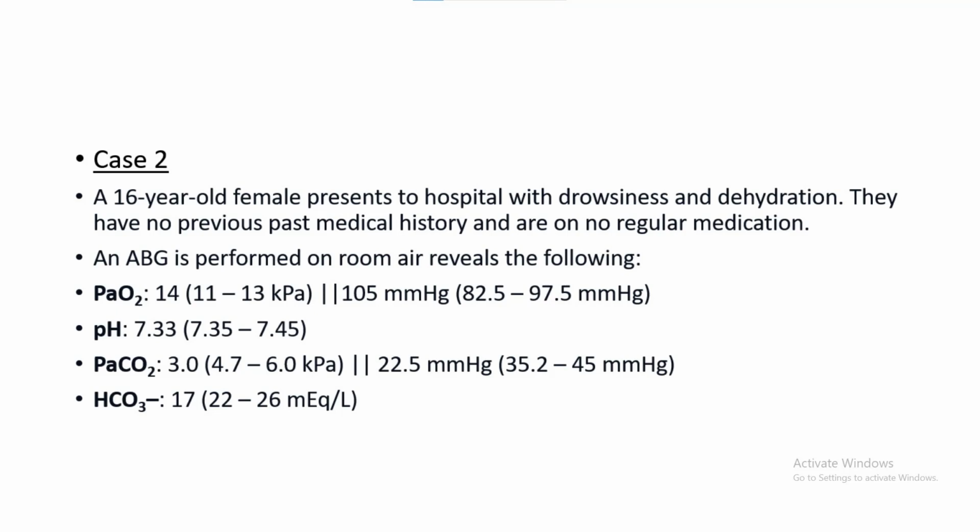An ABG performed on room air reveals the following: PaO2 14 kPa, 105 mmHg, reference 11 to 13 kPa, 82.5 to 97.5 mmHg. pH 7.33, reference 7.35 to 7.45. PaCO2 3.0 kPa, 22.5 mmHg, reference 4.7 to 6.0 kPa, 35.2 to 45 mmHg. HCO3 17, reference 22 to 26 mEq.